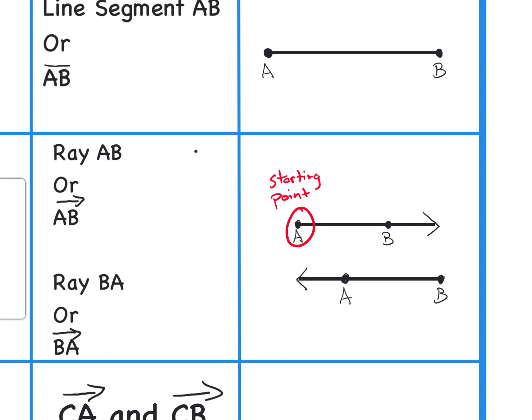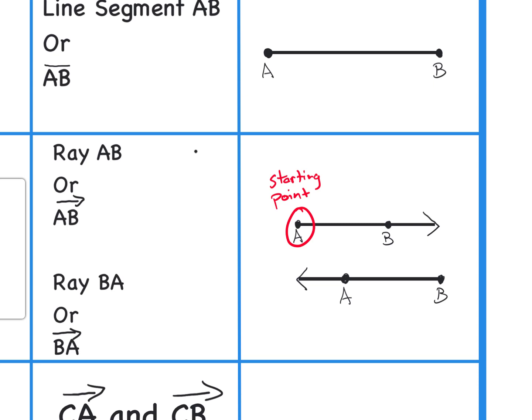So you can't switch these. You have to have the correct starting point. So on this one, it's A. And then just whatever other point it goes through. So B. So ray AB. You either write the word ray or you put the symbol. Symbol for ray is just a little arrow pointing to the right.